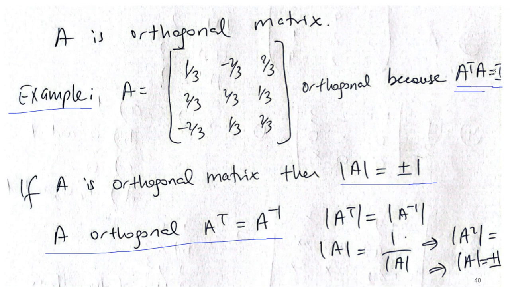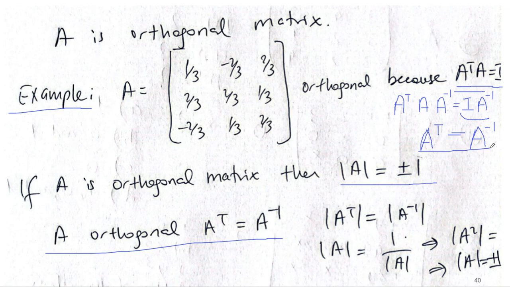You can also multiply both sides by A inverse, without changing anything in this equality. So we just rewrite it like this. And identity times A inverse still gives us the same A inverse.